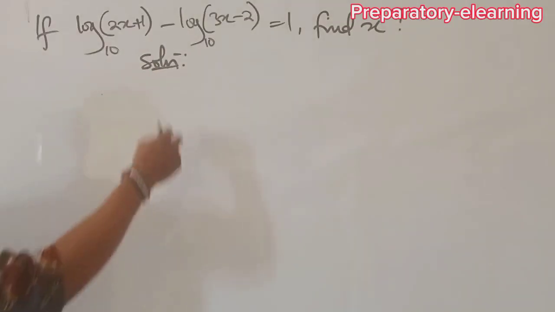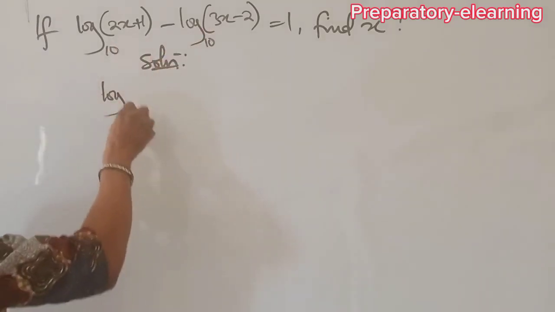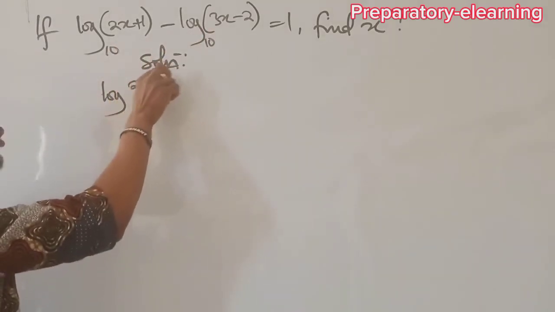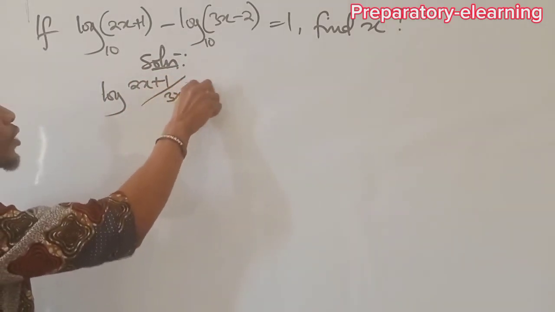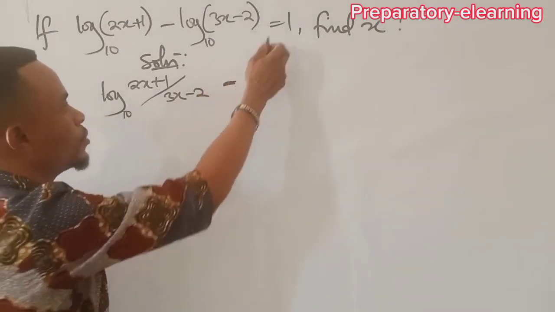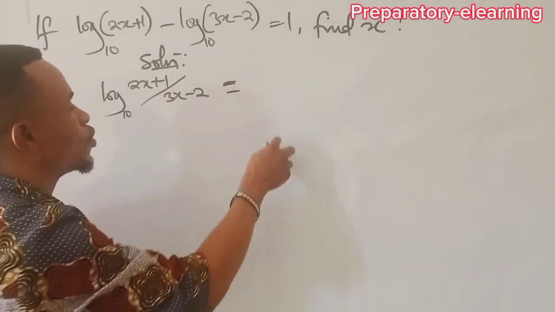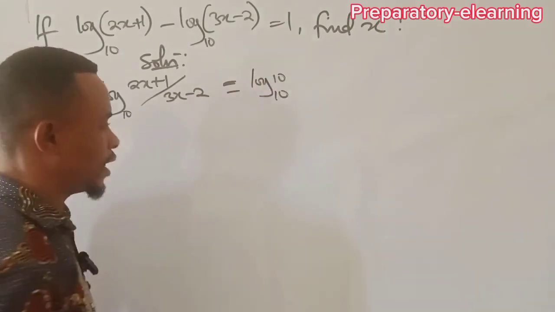In our solution, applying the law of log, we have log of 2x plus 1 divided by 3x minus 2, all in base 10, equals log 10 base 10.